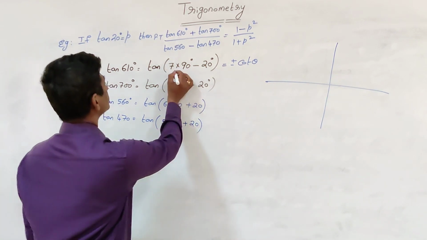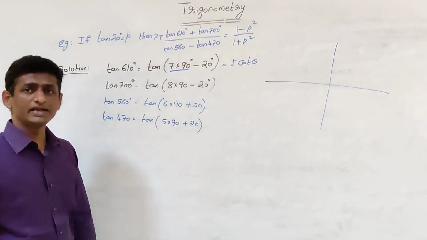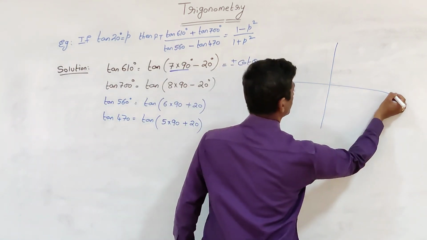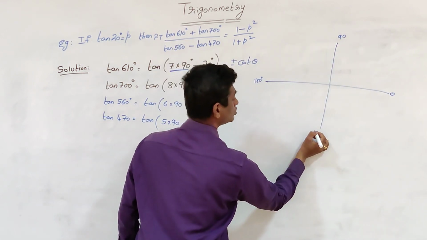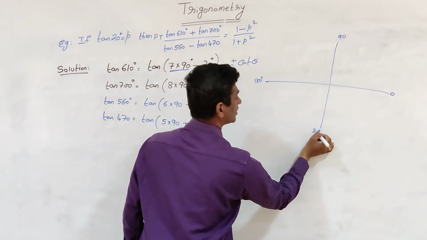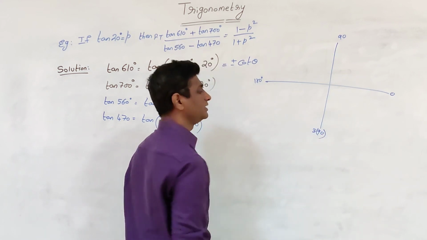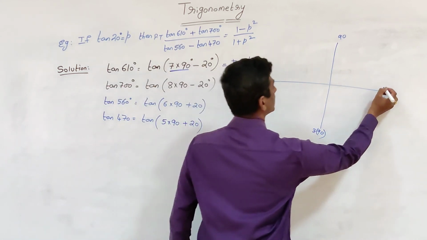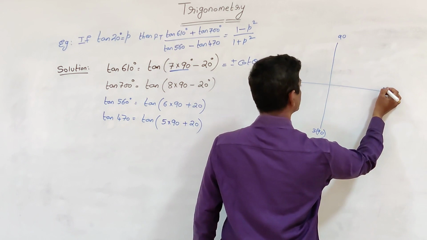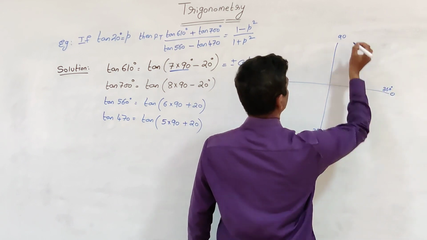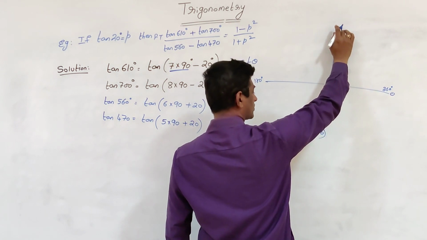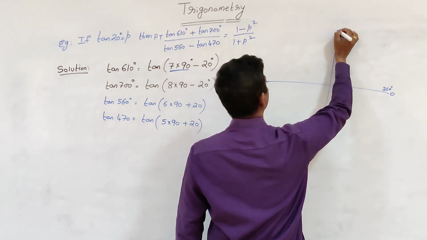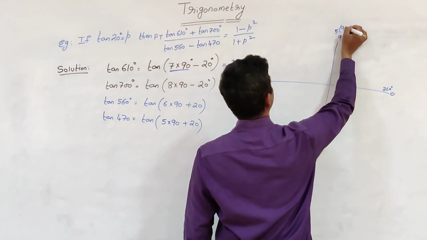So it is an odd multiple of 90. We have 0 degrees, 90, 180 degrees, 270 means 3 times 90, and here it will be 360 degrees. Coming to this part, it will be again 450, and 450 means 5 times 90.